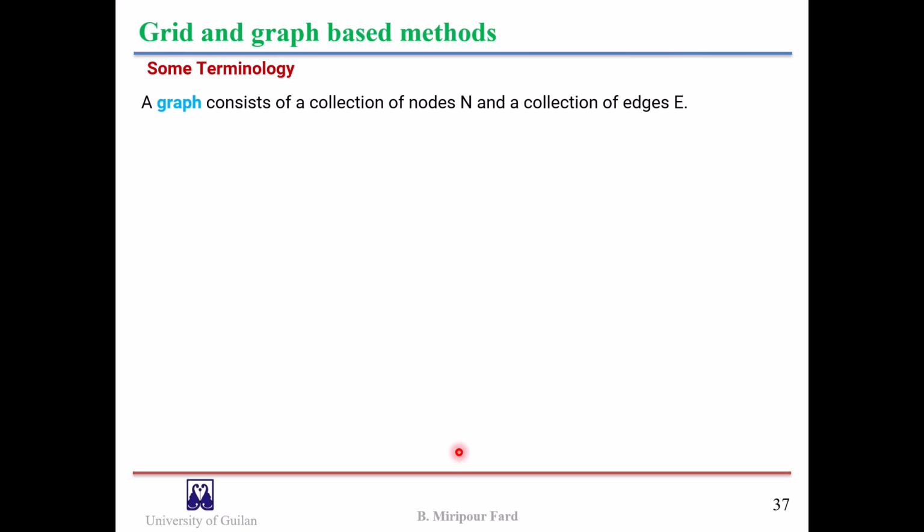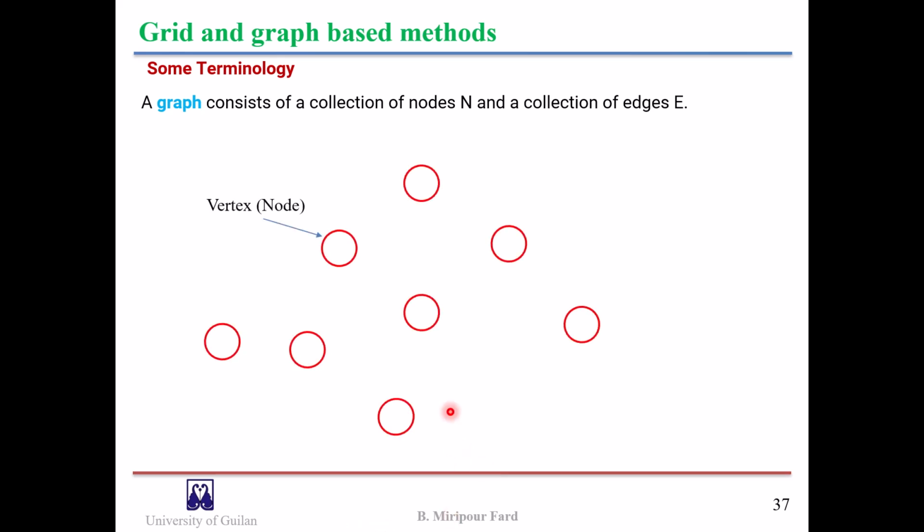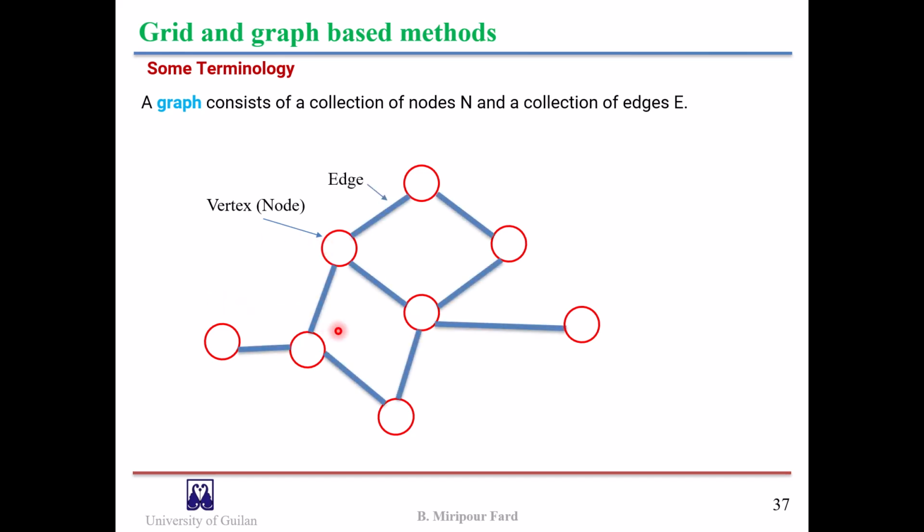We first talk about some terminology. A graph consists of a collection of nodes n and a collection of edges e. Here you can see the nodes or vertices, and these line segments show the edges, and you can see a graph here, and a path can be defined based on these nodes and the edges.